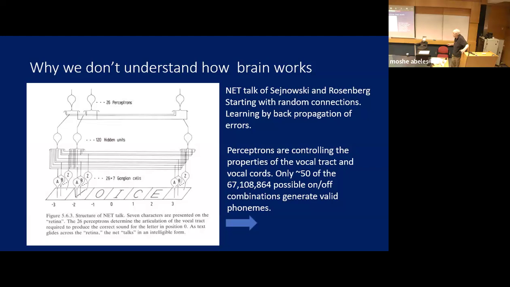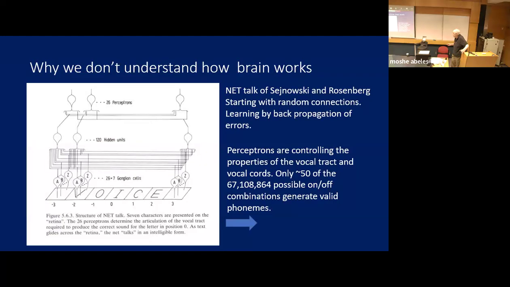There are 26 perceptrons out there, because it turned out that every one of the 50 phonemes of the English language can be expressed by some combination of firing of these features that control the vocal tract, the voicing, non-voicing, and the airflow.